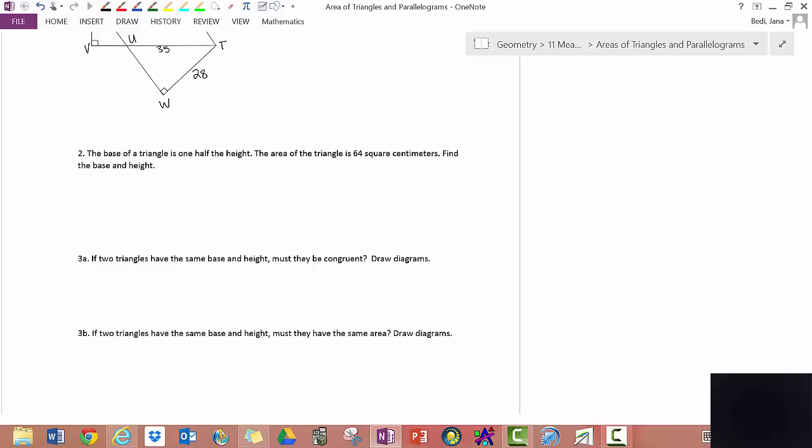Alternatively, you could say the height is h and the base is half h, and solve it that way. Either way, you'll get the correct answer.